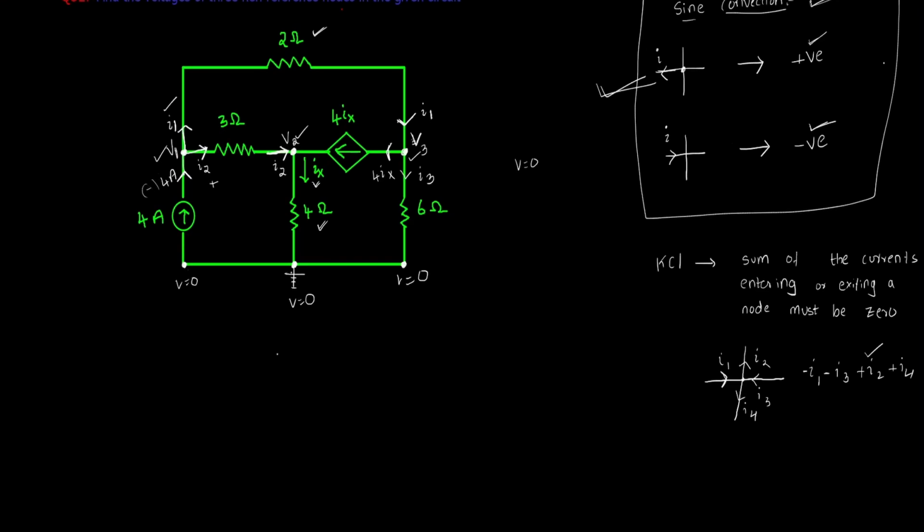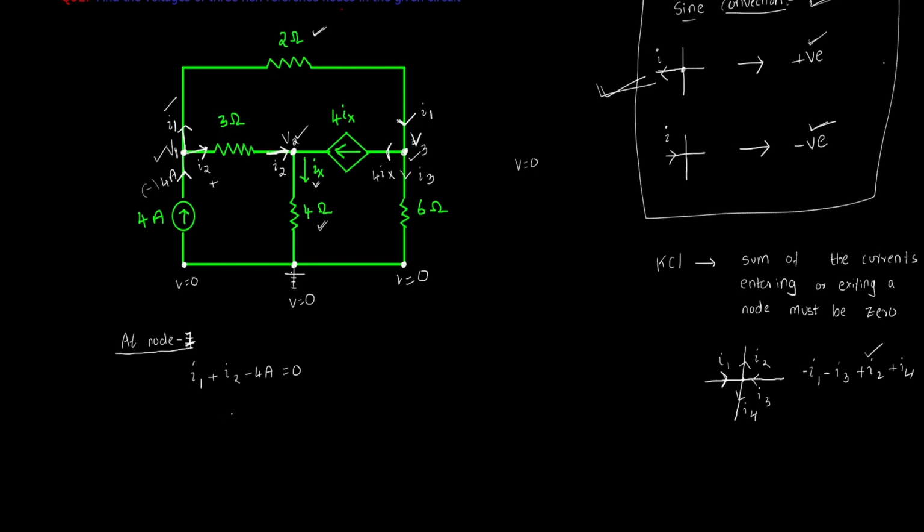Writing this with Kirchhoff's current law at node 1, we get I1 plus I2 minus 4 amps equals 0.